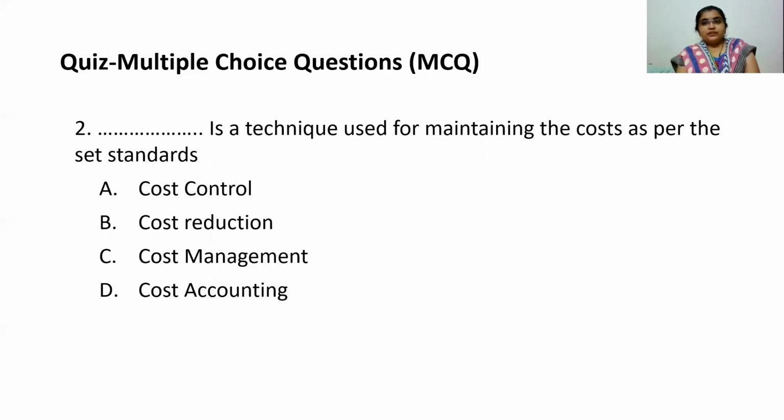Then we have another one. Dash is the technique used for maintaining the cost as per the set of standards. It is mainly to know whether it is cost control, cost reduction, cost management or cost accounting. The answer is cost control.